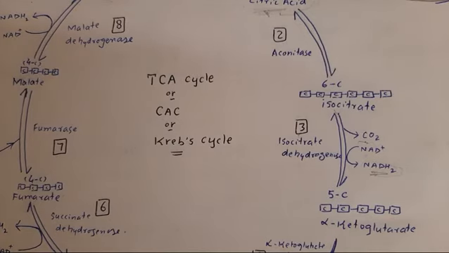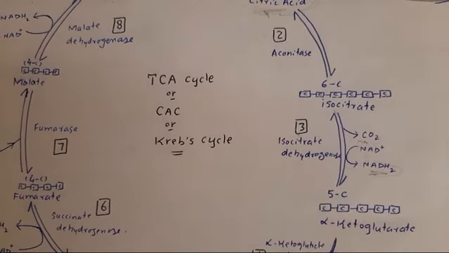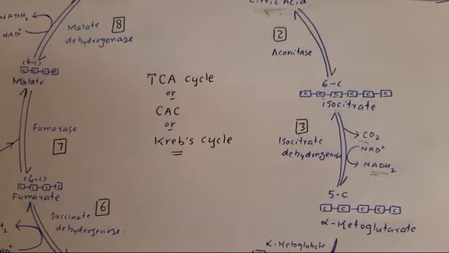One carbon of isocitrate is oxidized to carbon dioxide, and the hydrogens removed are taken up by NAD, reducing it into NADH2, right?